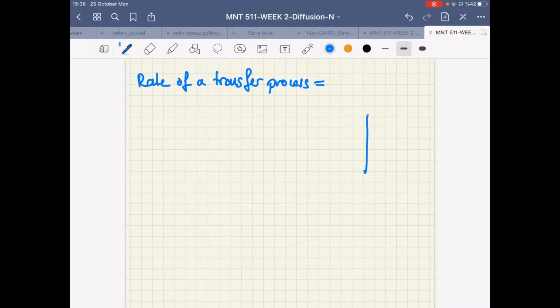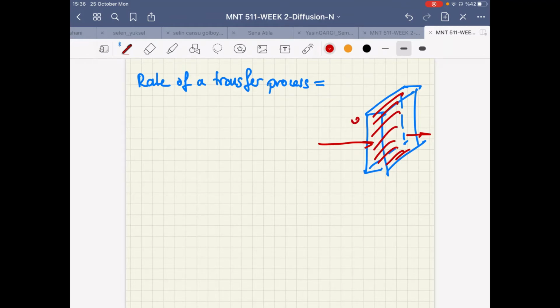For example, if we have a slab of wall like this, and my molecules are transferring from here to here, this is the area that all these molecules are transferring through, from concentration C1 to C2. And when we try to model this, we use Fick's law.